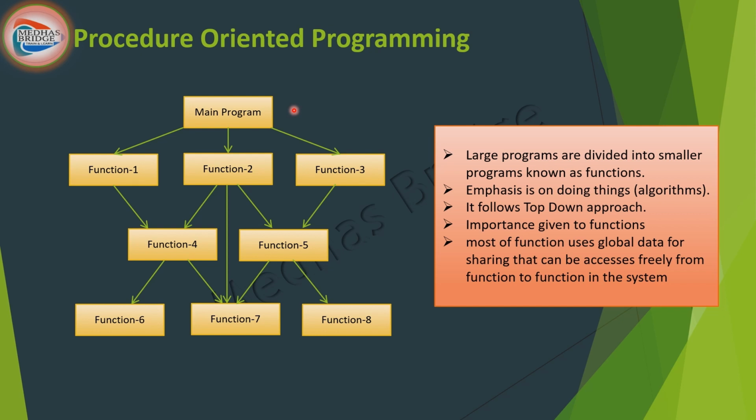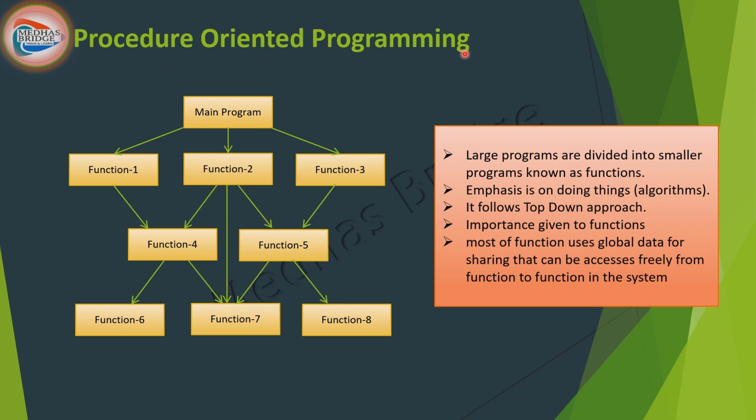Your problem statement is divided into small programs known as functions. A function can also be further subdivided into subfunctions. This approach is what we know as the top-down approach. Start from the top and then keep drilling down to lower functions.